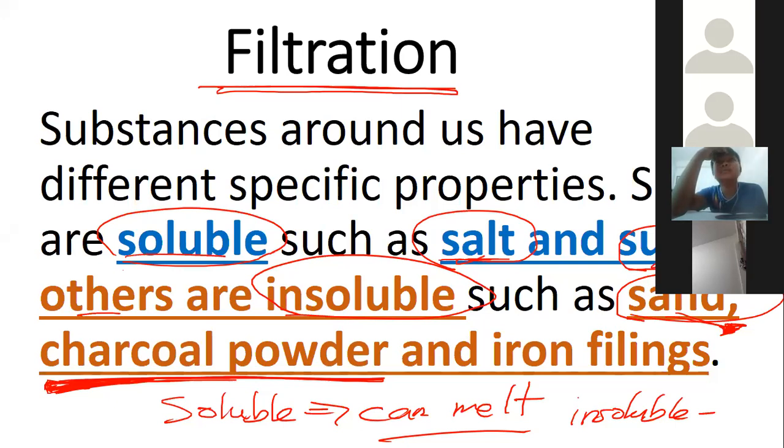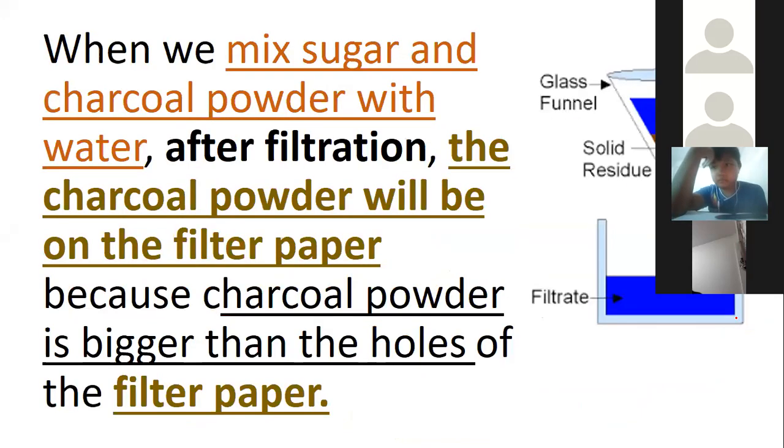Now, iron filings. When we mix sugar and charcoal together, what will happen after filtration? The charcoal powder will be on the filter paper, because the charcoal is bigger than the holes of the filter paper.